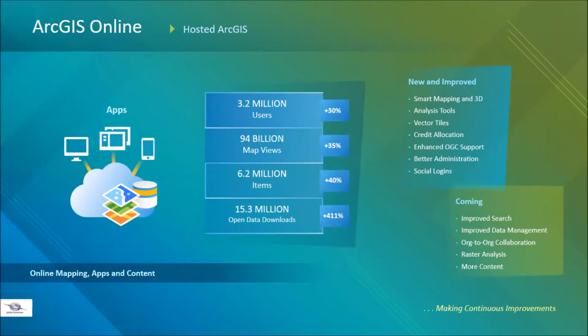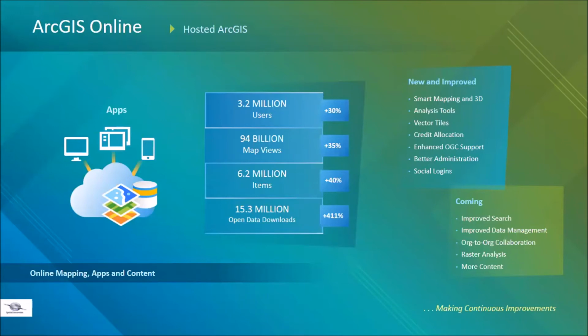Esri has done a lot of work in evolving ArcGIS Online in the last year. We have introduced smart mapping tools, open data, vector tile support, social logins, and so on. What's coming is improved search and data management tools, raster analysis, as well as more ready-to-use content.